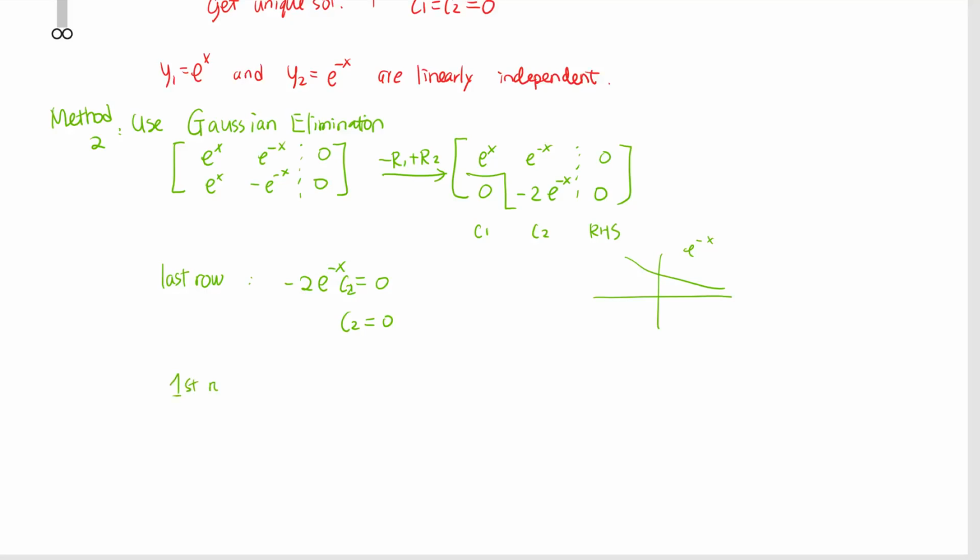The first row tells us that e to the x C1 plus e to the minus x C2 is 0. Because C2 is 0, this term is gone, so e to the x C1 is 0. Because e to the x is not 0, C1 has to be 0. So we also get C1 and C2 are both 0, so y1 and y2 are linearly independent.